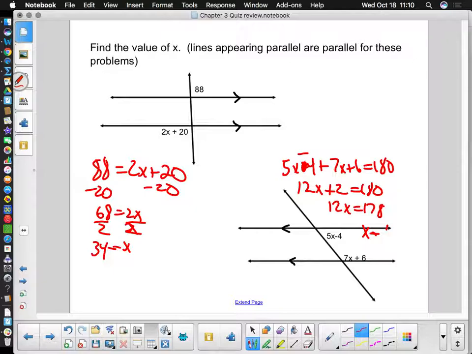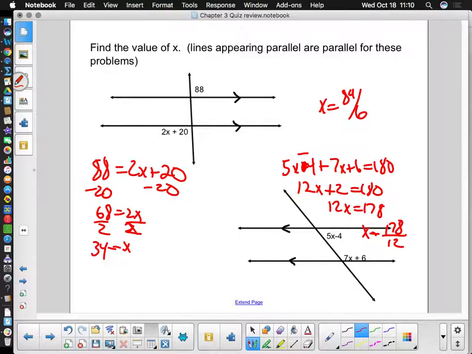So x equals 178 over 12, which, oh my goodness, that must be wrong because it doesn't simplify to a whole number. We're big boys and girls now. We can have answers that don't simplify to whole numbers. That simplifies to 89/6, and that would be a perfectly fine answer.